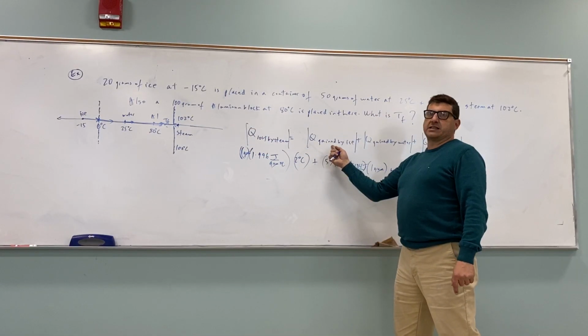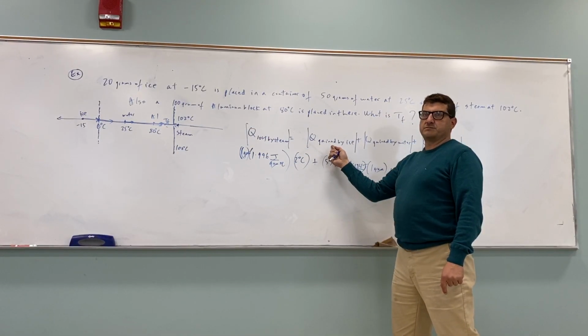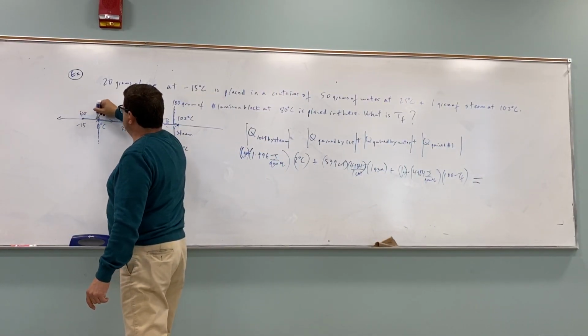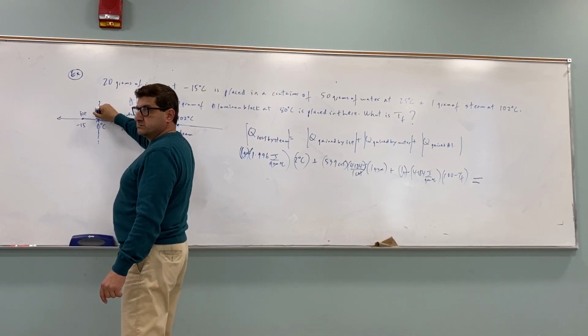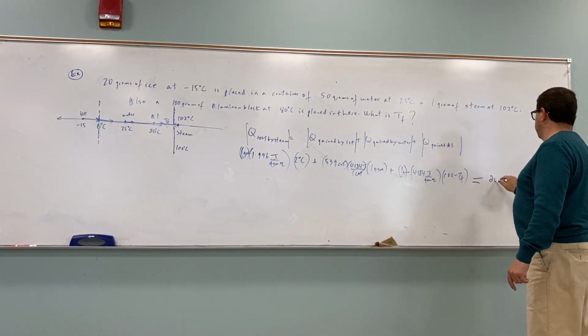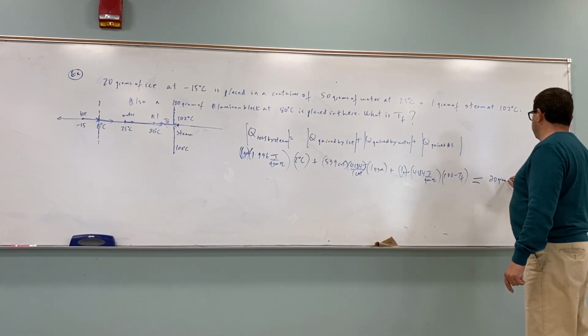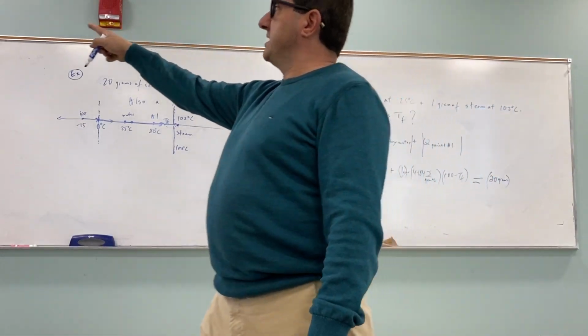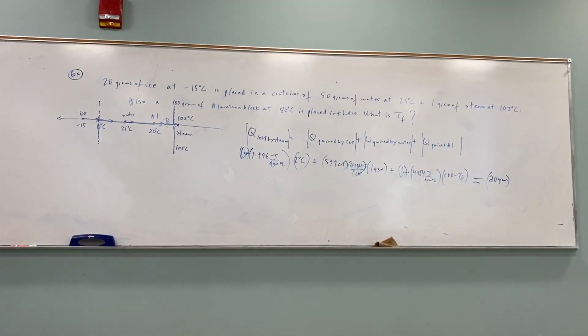Now I've got to take the heat gained by the ice. So what does the ice have to do? Go from negative 15 to 0. So how many grams of ice do I have? 20 grams. What's the specific heat of ice? Slightly more than steam, 2.108, right?